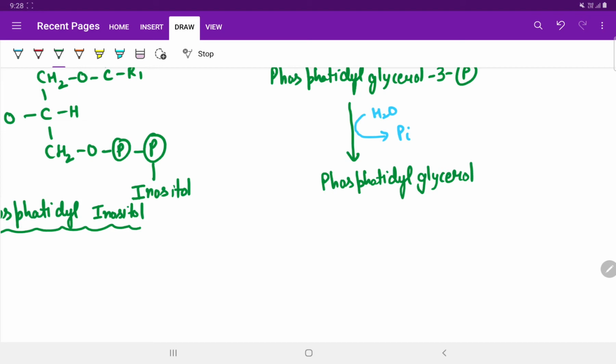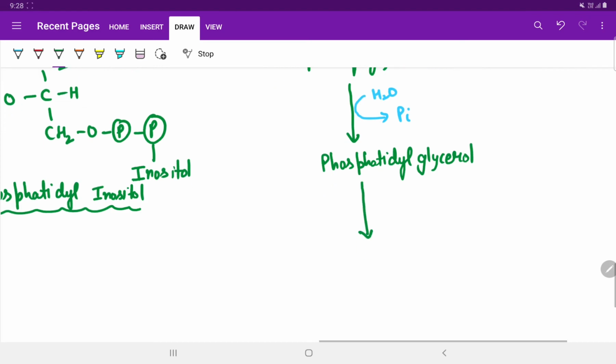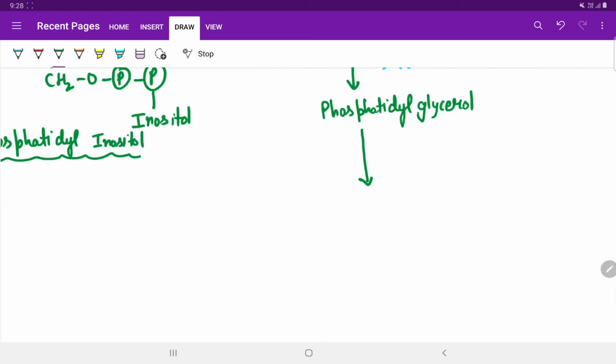And ultimately this phosphatidyl glycerol will change to form another type of phospholipid known as cardiolipin. This is formed in presence of a phosphatidylglycerol molecule.